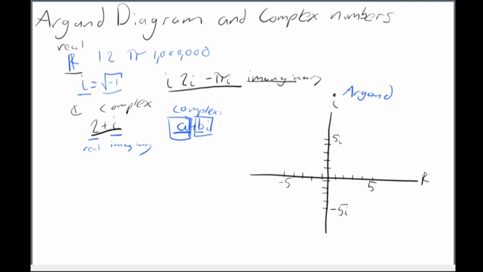So let's say we want to use this diagram. We want to plot a number. So we go back here. We have 2 plus i, right? 2 plus i. So first we're going to go on the real axis, 1, 2 right here, and then i is going to be up 1. So this right here is the number 2 plus i.